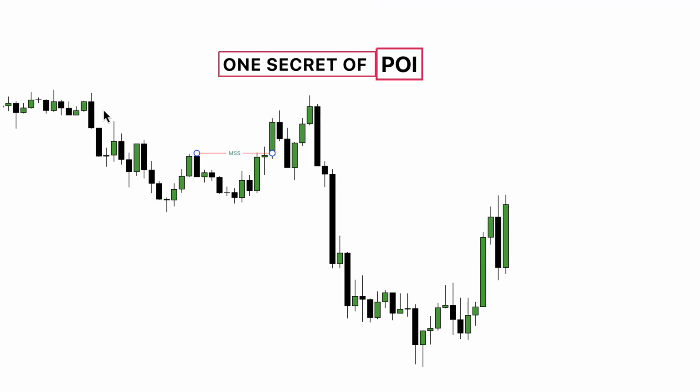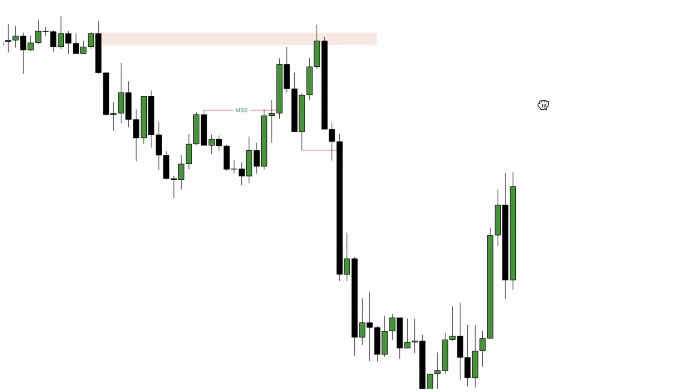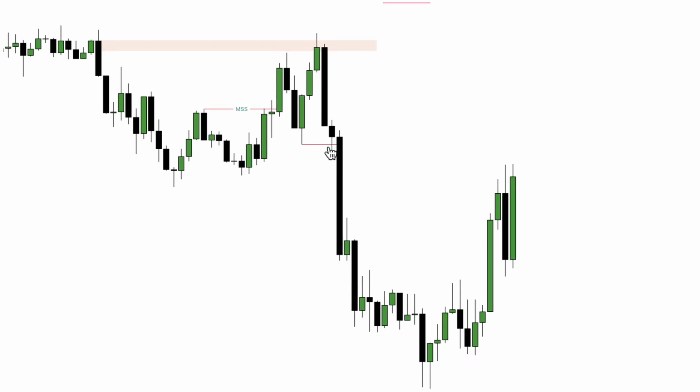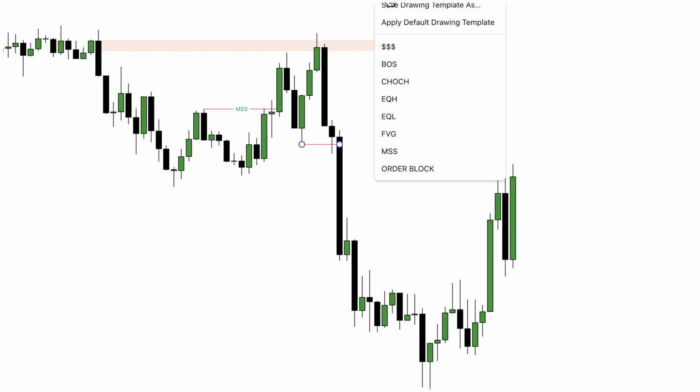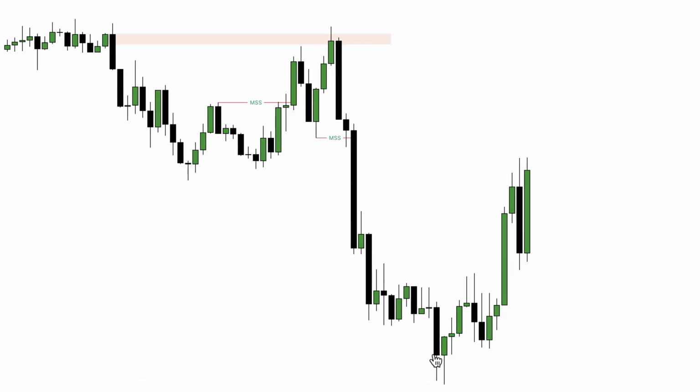Then price went up, hitting this area where you have a bearish order block and a rejection area. Price came back down, shifting structure to the downside, which is a proper price delivery algorithm, moving down to this area.